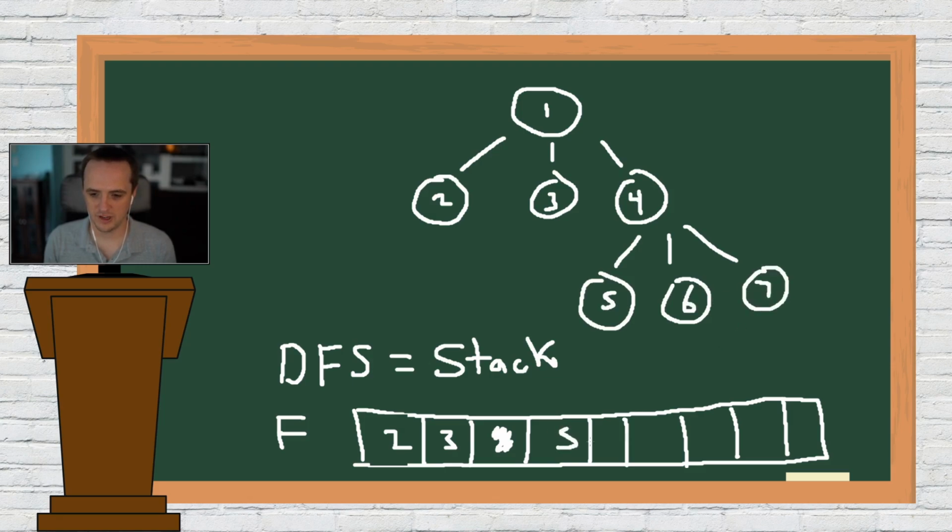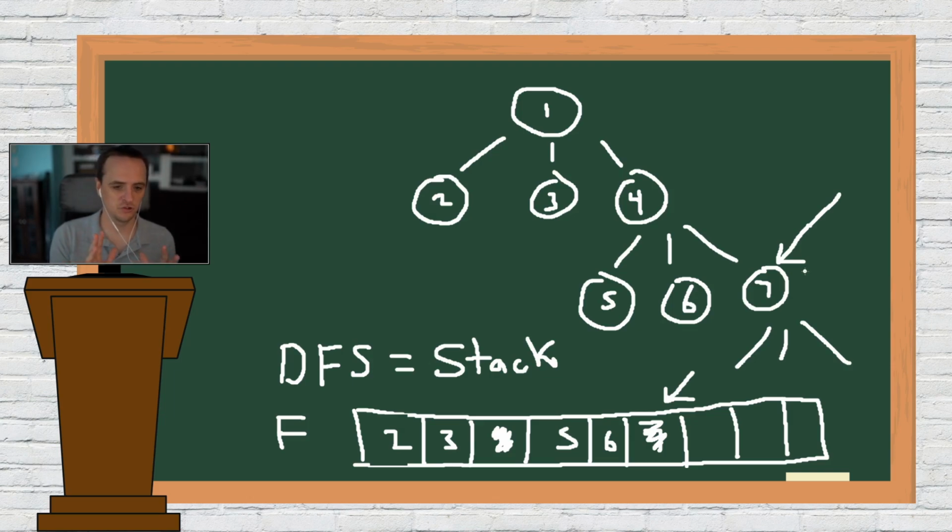So 5 comes down here, 6, and then 7. And now I'm going to choose the next one to expand. And so I'm actually going to choose 7, right? So you can see how using a stack turns BFS into DFS, right? Because I'm always going to choose the most recently generated thing, which is a leaf node, right, to expand first.